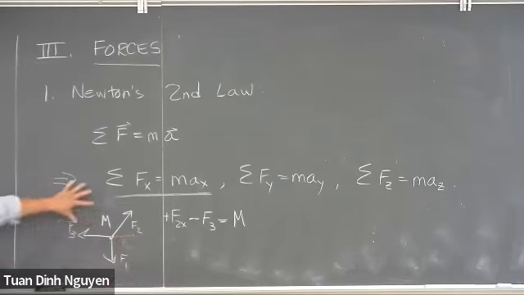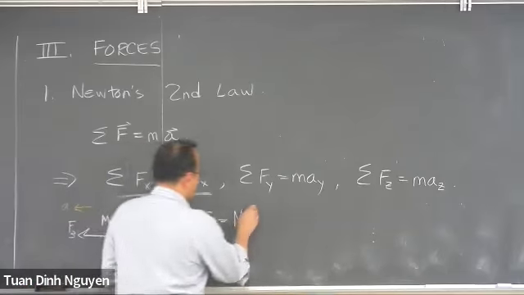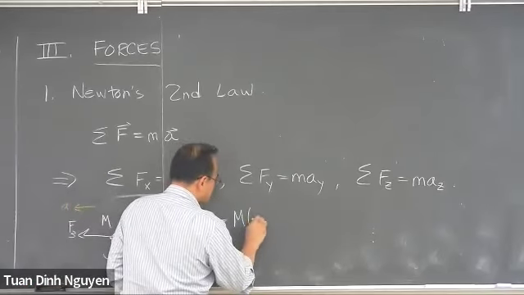Then everything that you need to know is in this diagram, including which direction the acceleration is in. In this case, does it have an x component? Yes, it has only the x component, no y component. And it's in the negative direction, so you have to put this minus sign.